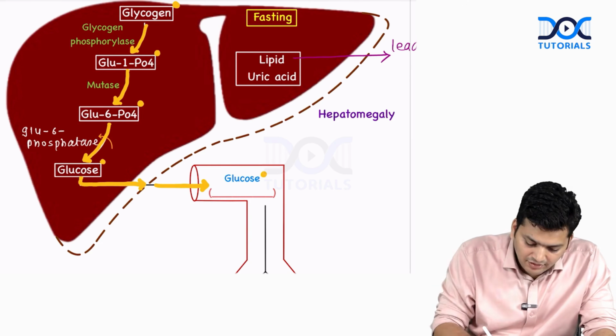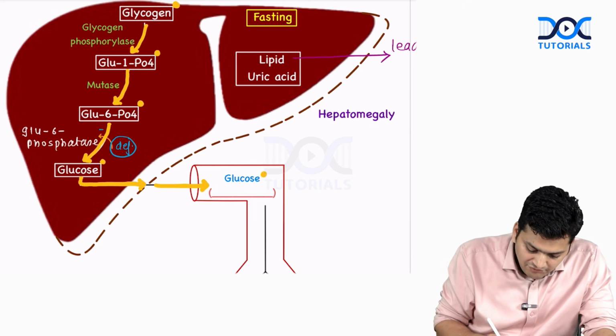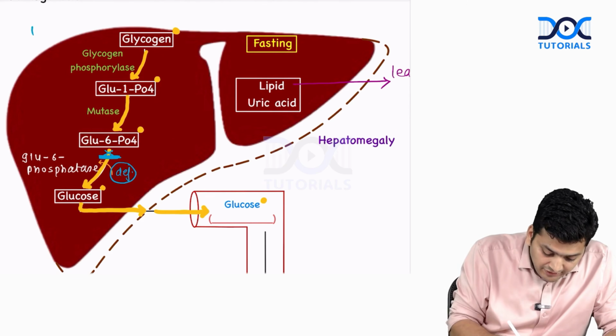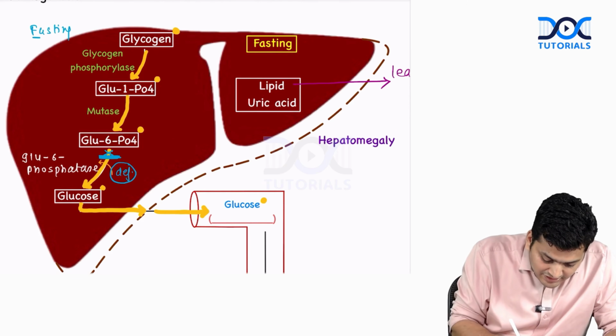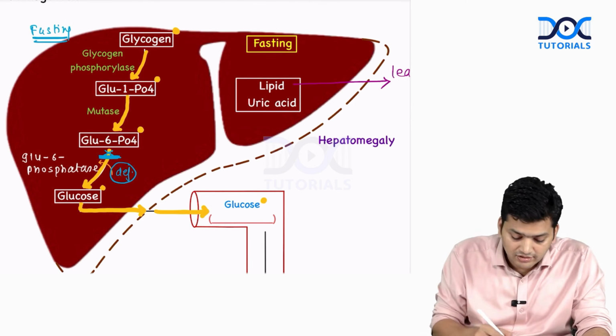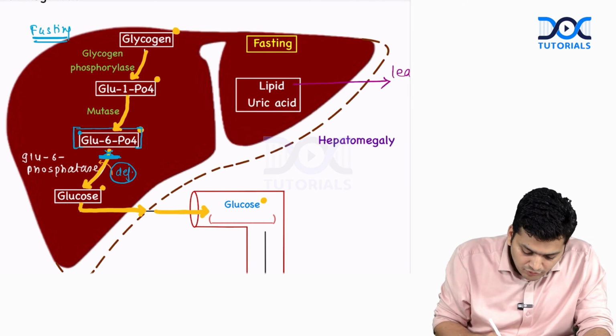And we have an unfortunate child who has a deficiency of this enzyme. If there is deficiency of this enzyme, this reaction will not be able to happen. So when this child is in the fasting state and tries to cut the glycogen, it will cut only till the glucose 6 phosphate, and now it is unable to convert into glucose.